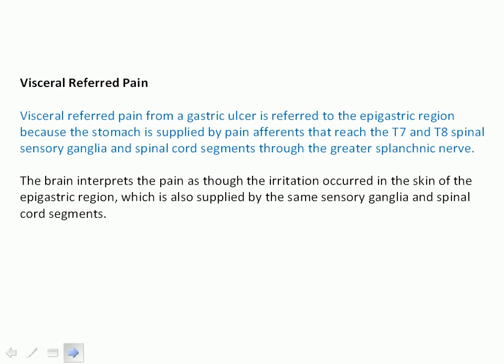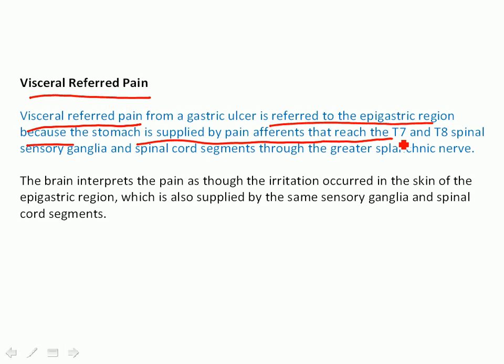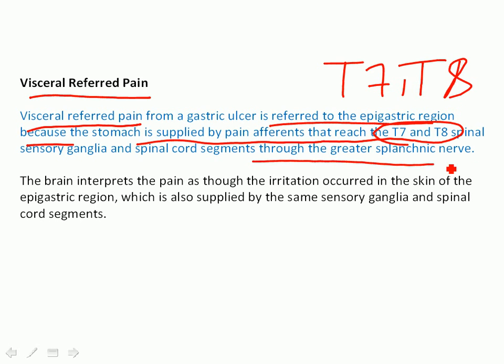Now let's talk about visceral referred pain, which is related to what we are discussing right now. Gastric ulcers have this feature of producing visceral referred pain. It is usually referred to the epigastric region because the stomach is supplied by pain afferents that reach the T7, T8 spinal sensory ganglia and the same T7 and T8 spinal cord segments through the greater splanchnic nerve.